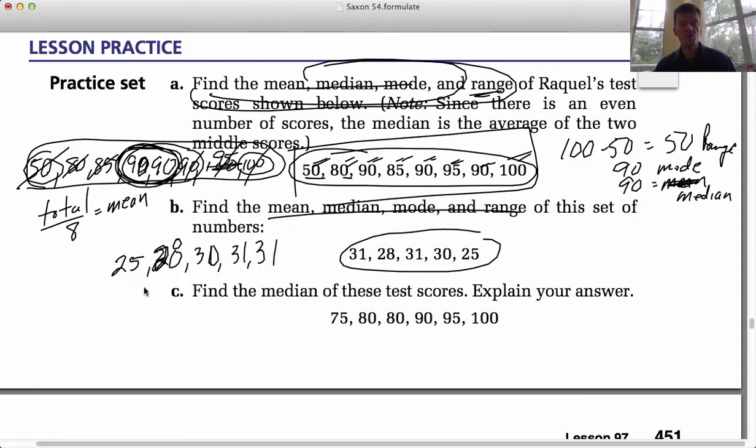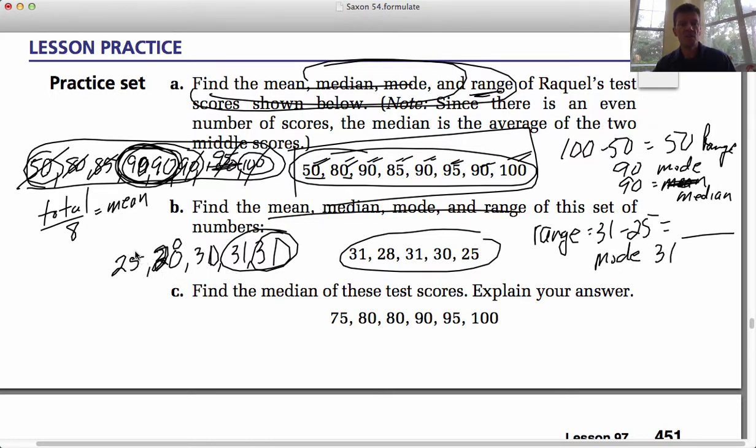Lots of these go really fast. The average is probably the most mathematically involved one. So, range is going to be 31 minus 25. You can figure that out, and that number would be your range. And then the mode is going to be the one that appears the most. That's your 31.